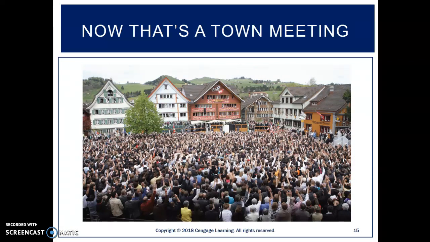So when you think about a direct democracy, a lot of times it's really easy to think about it in smaller terms, such as a town hall meeting. And so here's an example. For almost 700 years, you've seen this picture here. Citizens of Appenzell Innerrhoden, which is a small town in Switzerland, have gathered in the town square on the last Sunday in April to make political decisions by raising their hands.